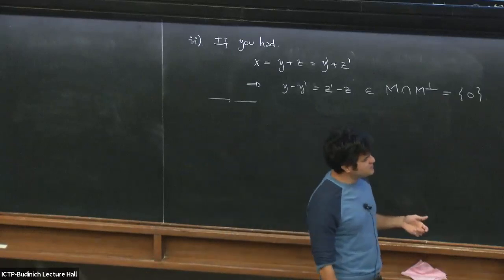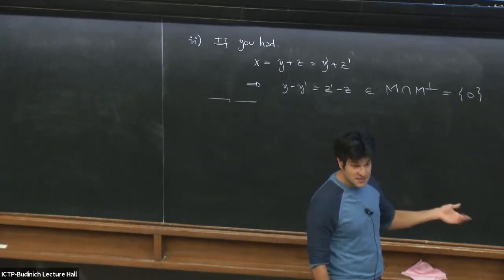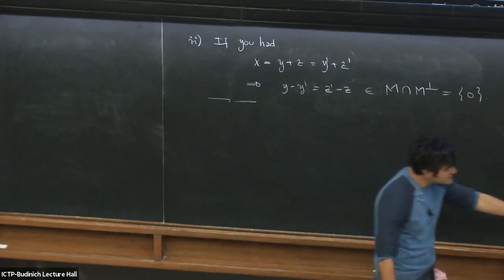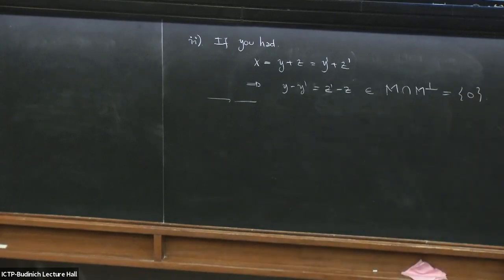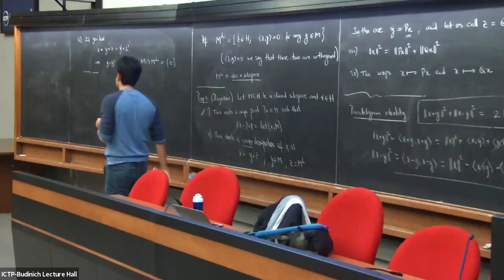Okay, so now let's prove that the decomposition exists. And the hint is kind of given here. To do such a decomposition, you'd better take your Y being P of X. So now let's prove the existence.